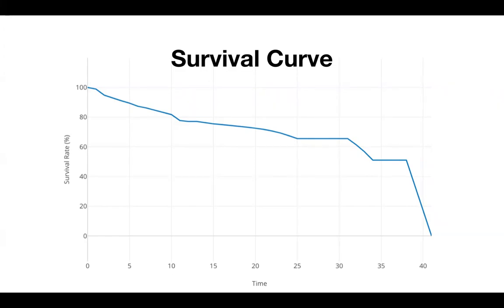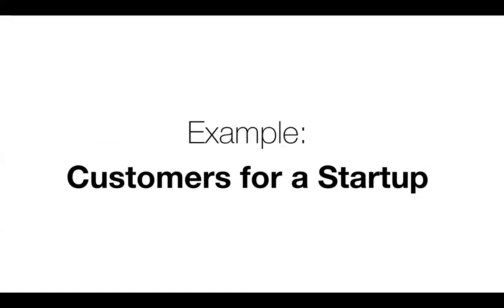We are interested in whether this curve drops slowly or moderately, or whether it is a steep drop, which means people are dropping off super quickly. So we use this chart to understand our survival or retention rate over the time horizon.